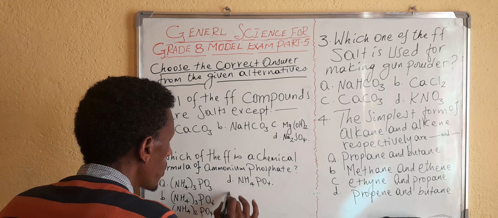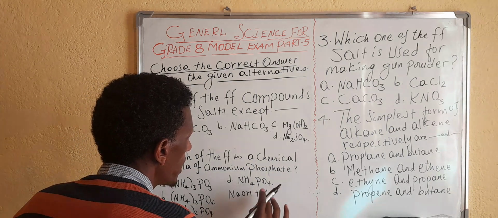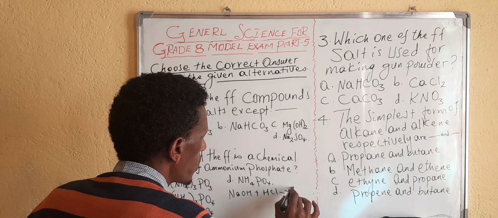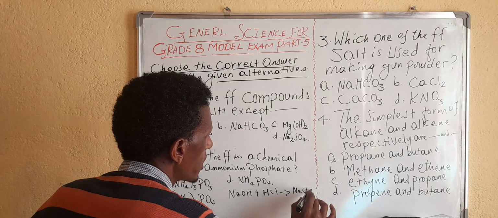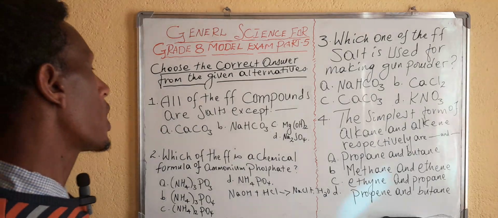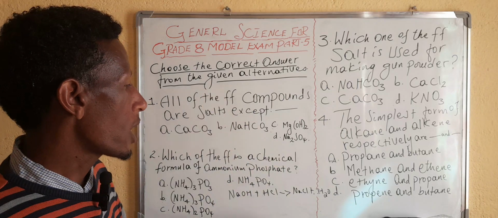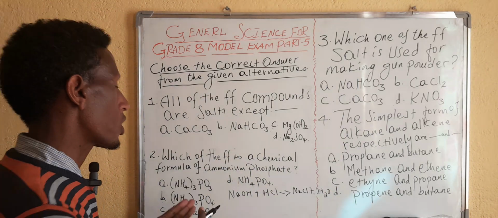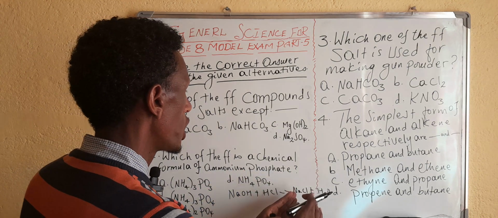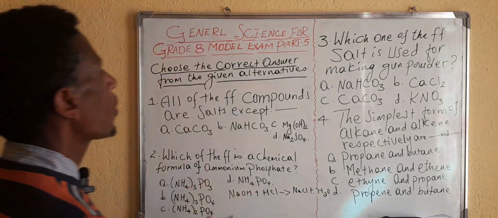For example, you can take sodium hydroxide plus hydrochloric acid, which forms sodium chloride plus H2O. Always the product of a neutralization reaction is salt plus water. So the reaction between base and acid is known as neutralization reaction to produce what? Salt and water.